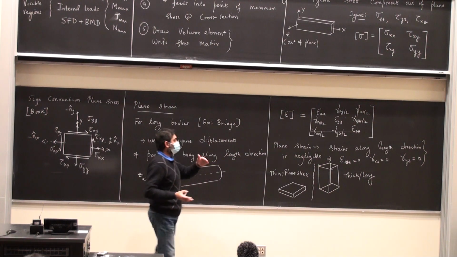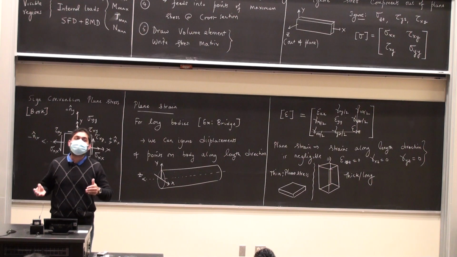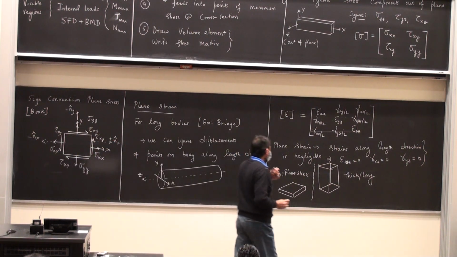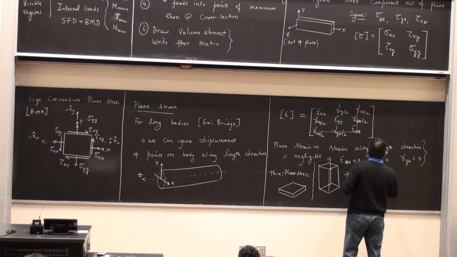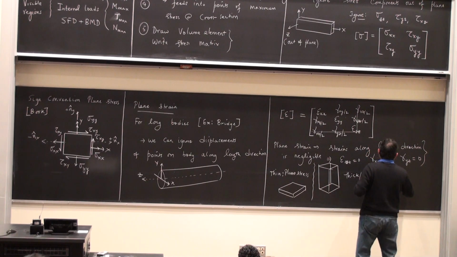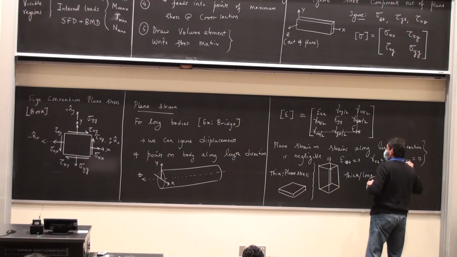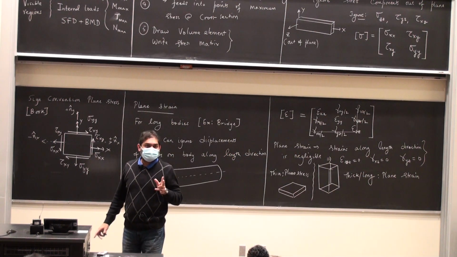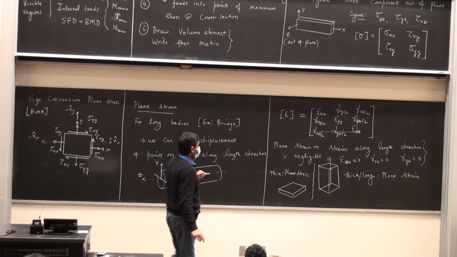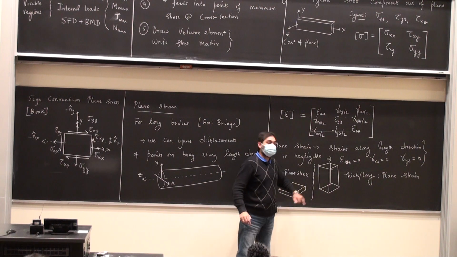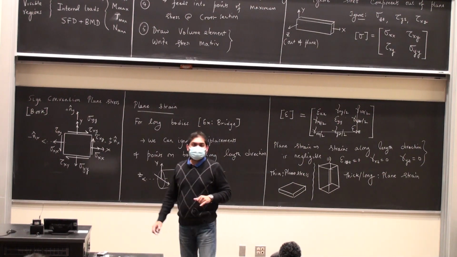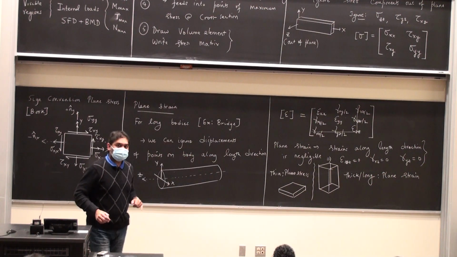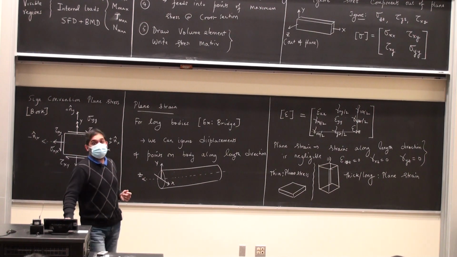If I have a thick or a long body, then a plane strain condition is a good approximation. Remember, both of them are approximations. Reality most probably will have a body that is between a very thin and a very thick body. Okay? So in that case it becomes a judgment call.